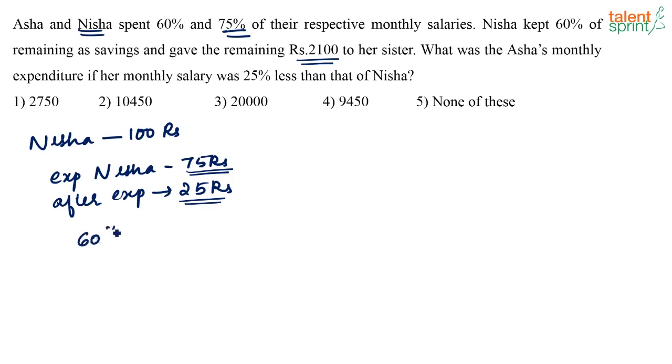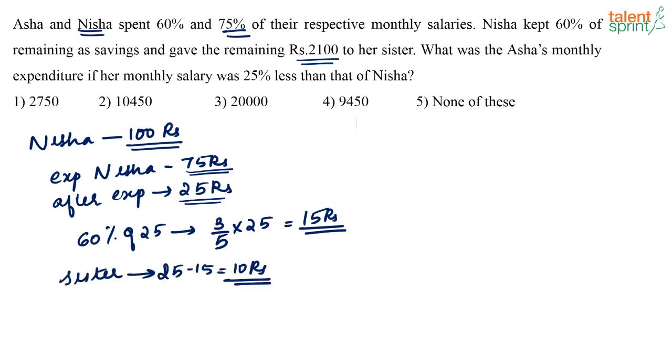She is saving 60% of 25, which is nothing but 3/5 of 25, or 15 rupees. And she is giving the remaining to her sister. So if Nisha's salary was 100 rupees, how much is she giving to her sister? 25 minus 15, that is 10 rupees.